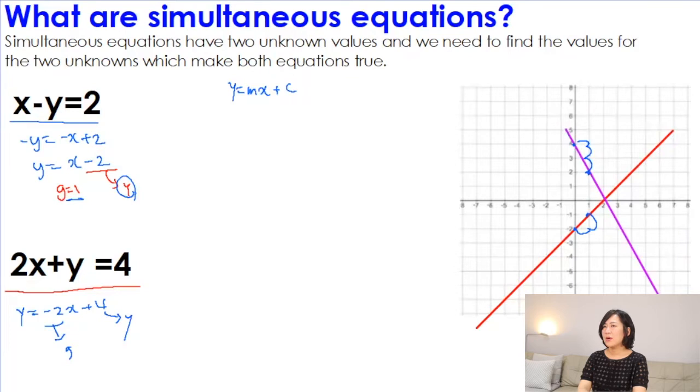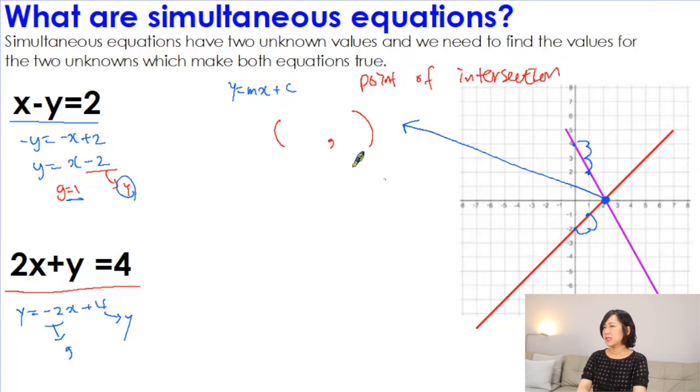Now, we've been talking about looking for the solution that satisfies both equations. When we see the graph, we clearly see that there is a solution that is true for both equations. Can you see that point of intersection of the graphs? Let's see the coordinates of the point. This point is (2, 0).